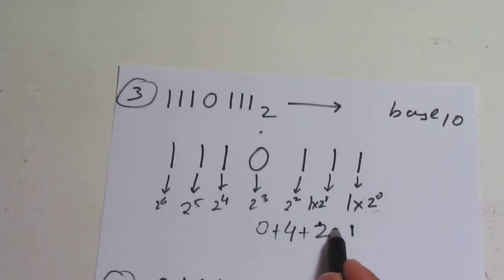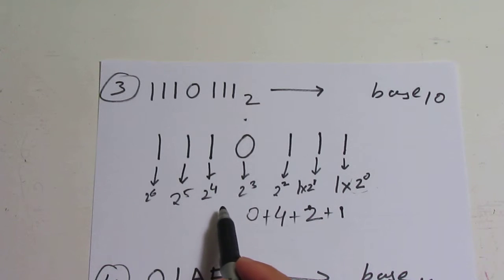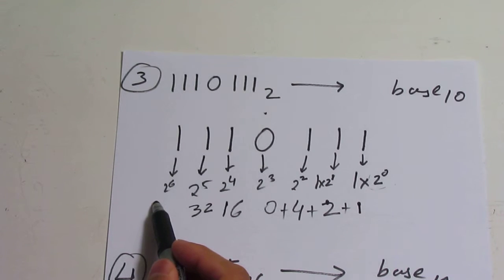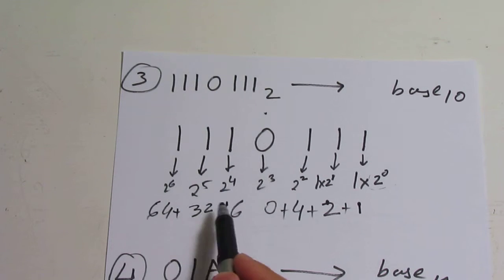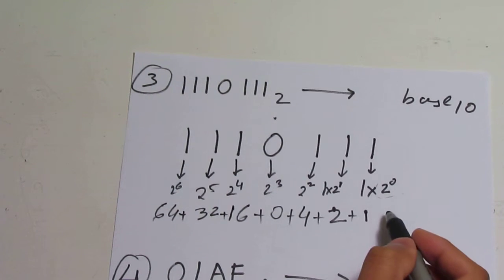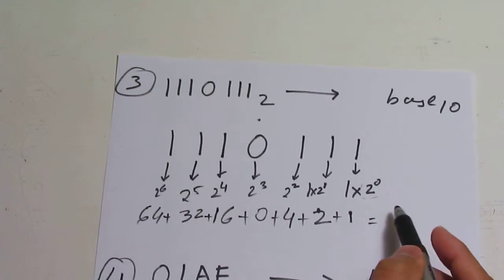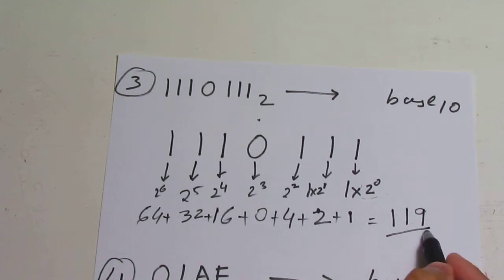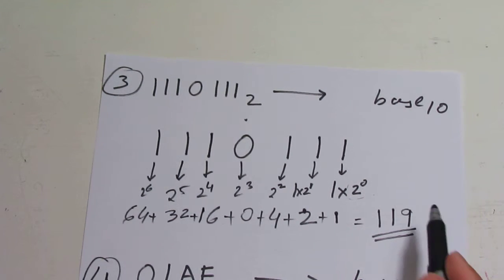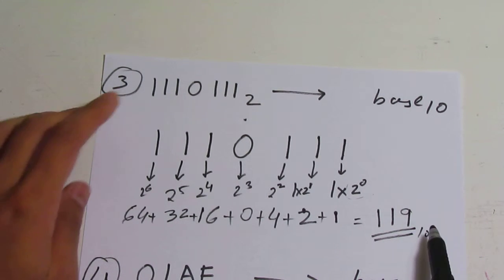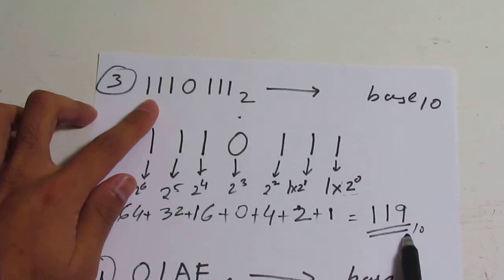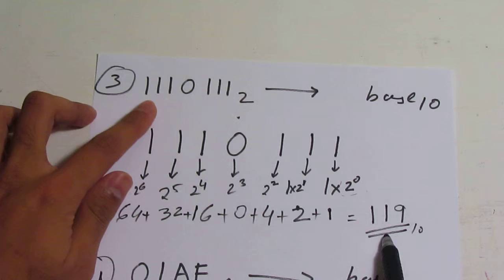Then we add it all: 2 to the power 4 is 16, 2 to the power 5 is 32, and 2 to the power 6 is 64. When we add all these numbers up, we're going to get 119. So we have converted the binary number 1110111 into base 10, and the number is 119.